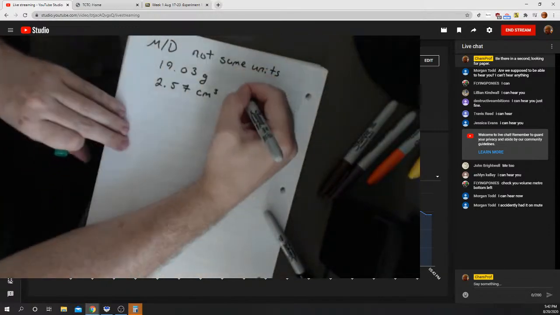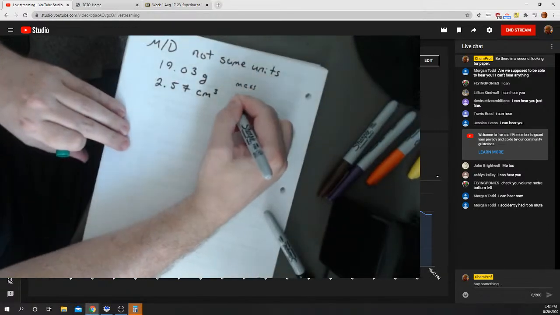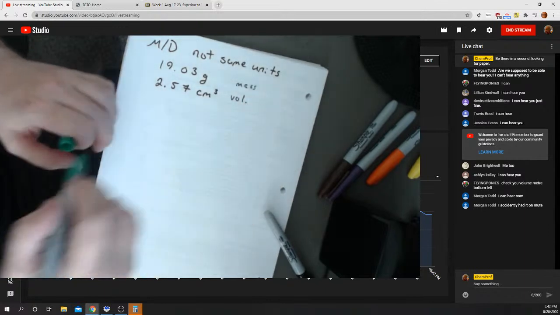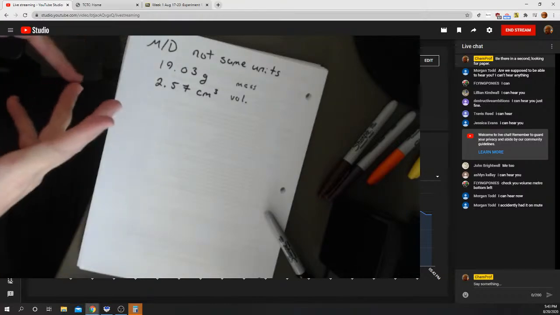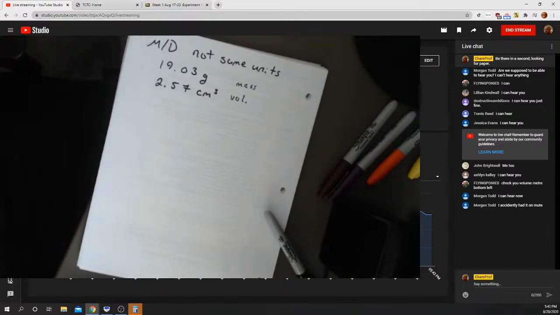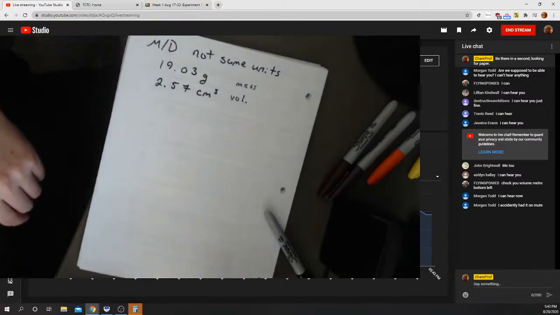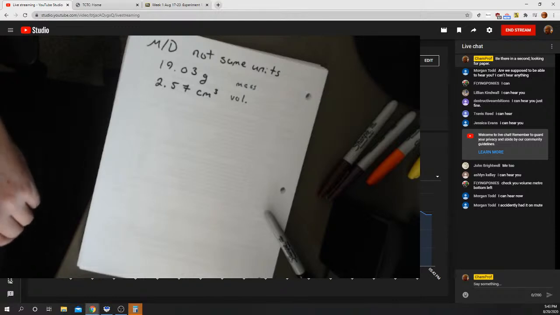So here we have a measure of mass, here we have a measure of volume. So for multiplication and division, it's not about the decimal place. It can't be about the decimal place. You're not looking at the same kind of unit. Okay, it's apples and oranges. Therefore, instead, what matters is the total number of significant figures for each of your measurements.